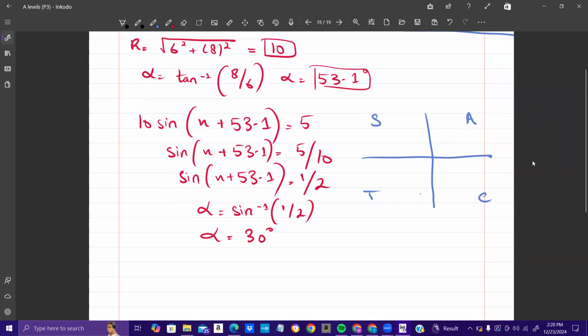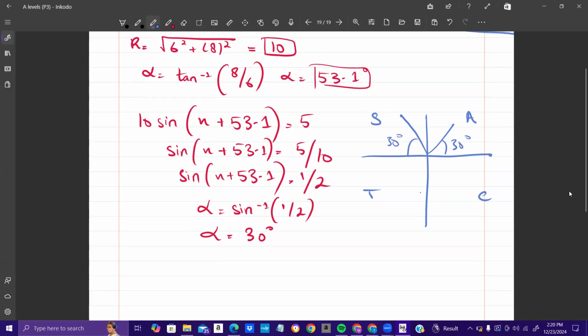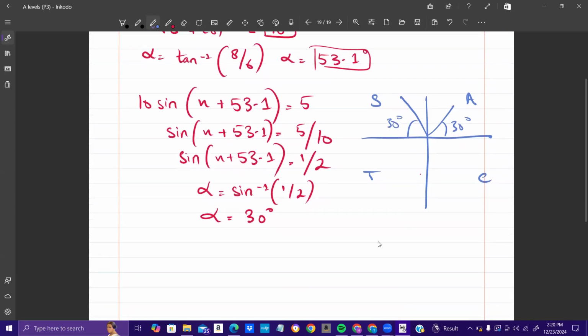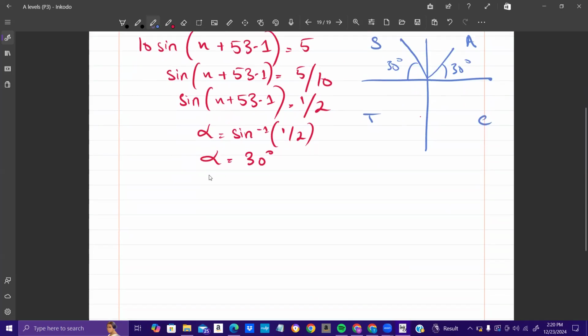Since sine lies in the first quadrant and the second quadrant, right? So here it is 30 and here 30. All right. So x plus 53.1 degrees is 30 and 180 minus 30, which is 150 degrees, right?